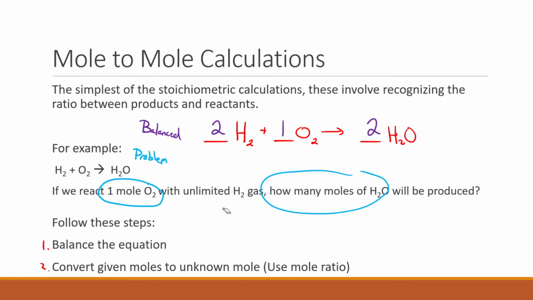We're actually going to just put a light little X through it. We already used the hydrogen as much as we needed to balance this equation. But the problem wants to know about oxygen and water. And they say if we react 1 mole of oxygen, so we're going to put a 1 in the denominator here, how many moles of water will be produced?